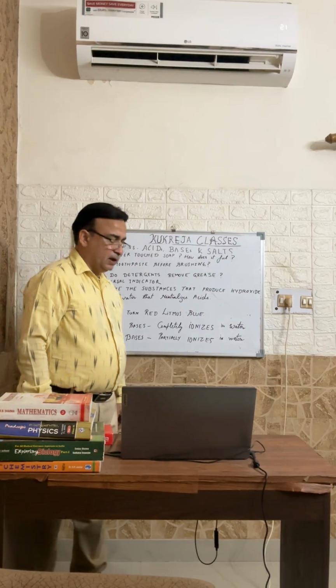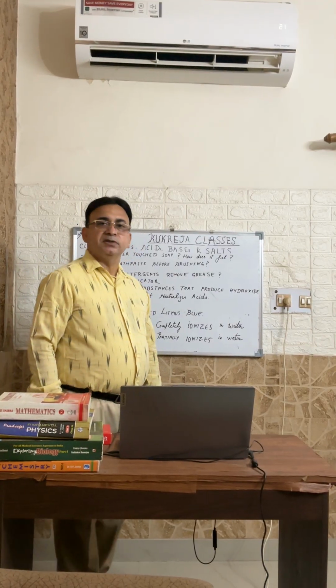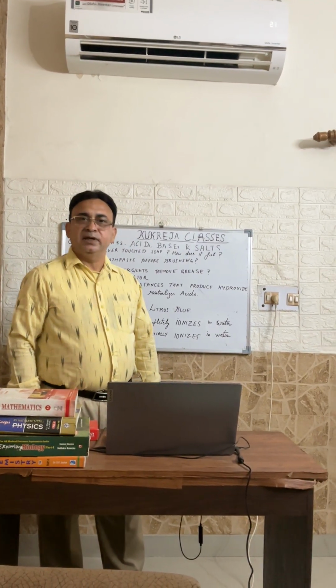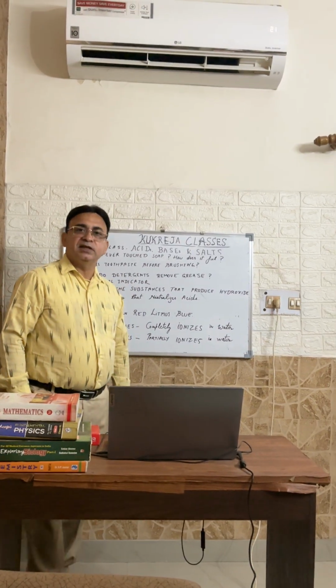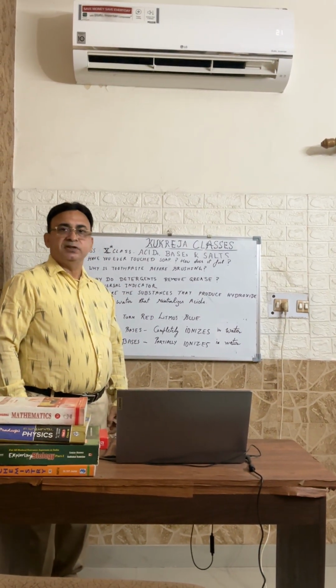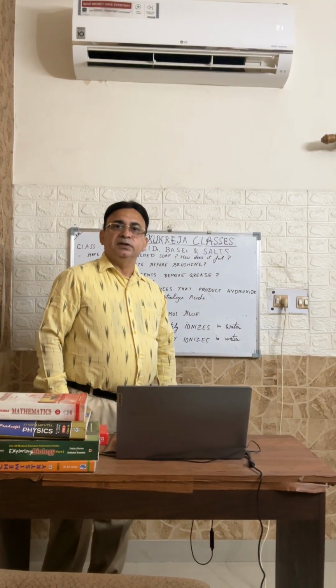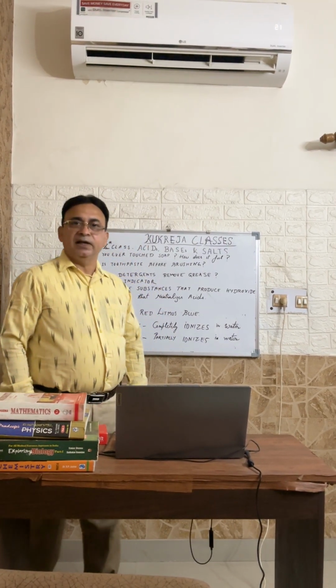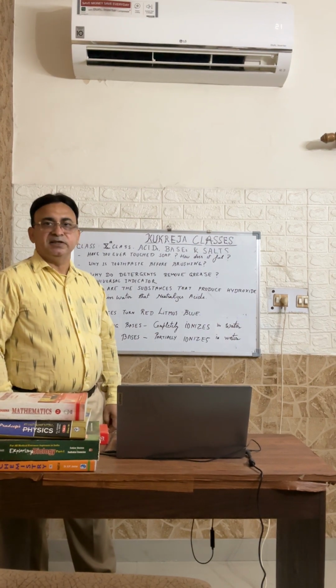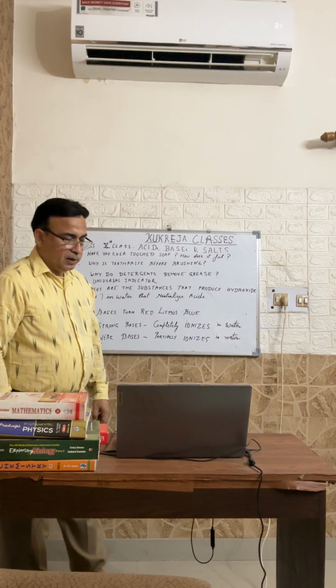There was a Danish chemist, Sorensen, who devised the pH scale on which the strength of acidic and basic solutions can be represented on the basis of the hydrogen ion concentration present in acidic and basic solutions.